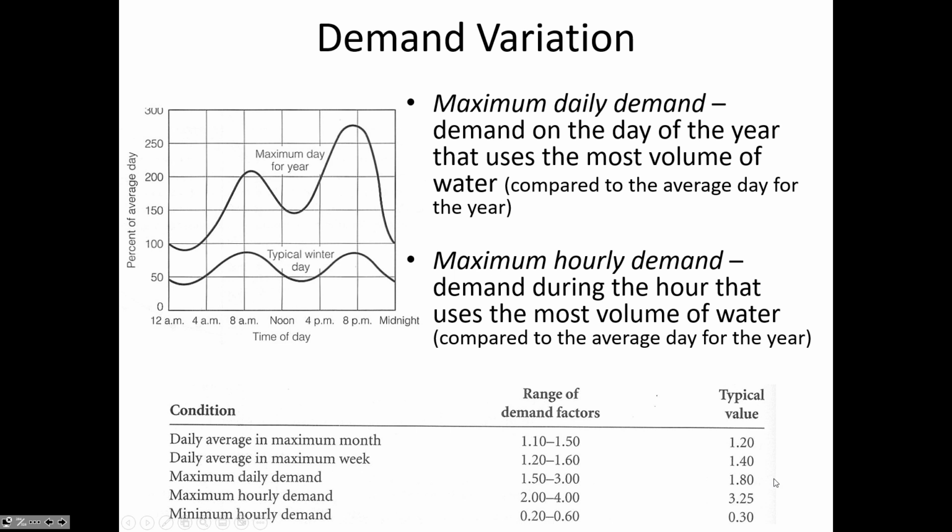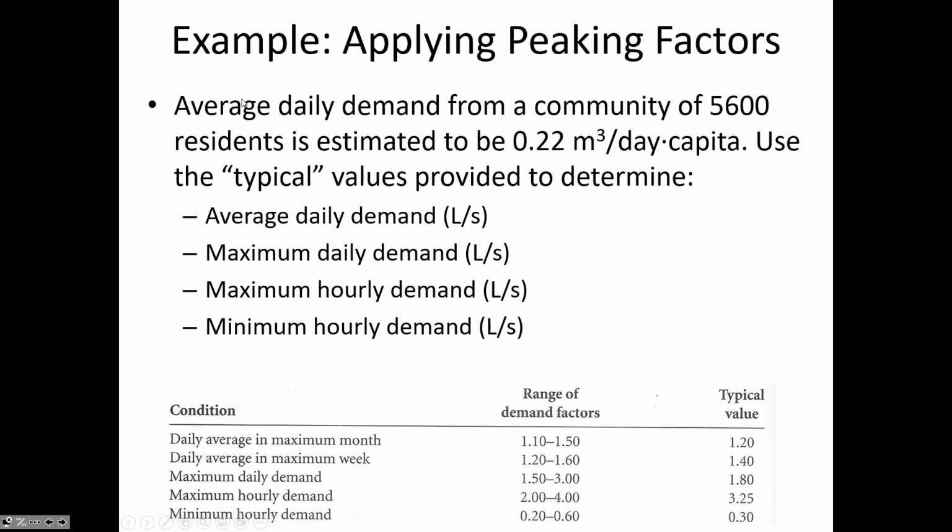But these typical values are good enough just to illustrate a couple of points having to do with this temporal distribution. So just to get some early experience on this, or as a review for those of you who have already taken 331, let's consider the case of a town that has 5,600 residents. So this is the per capita, the number of people in this town, 5,600.